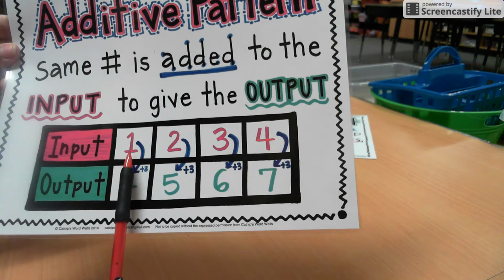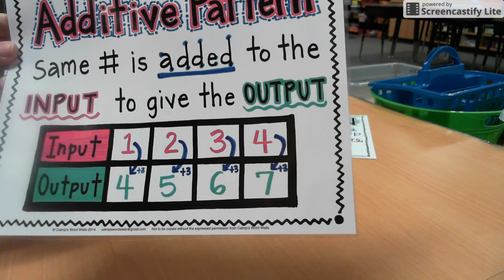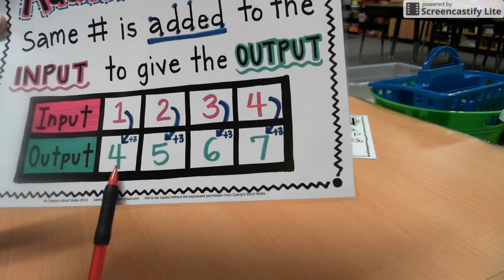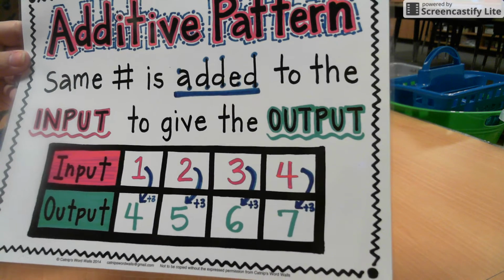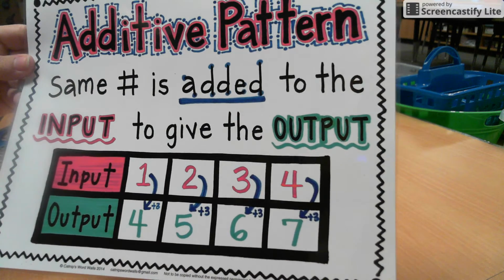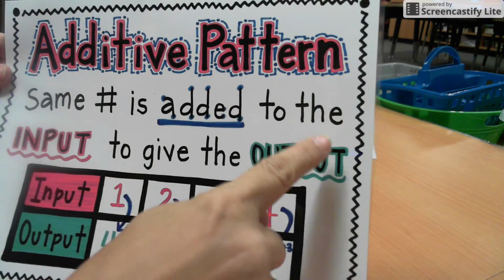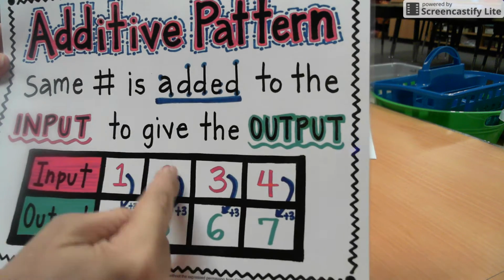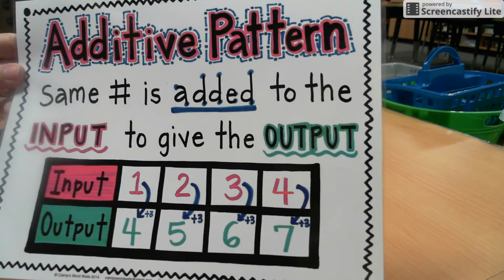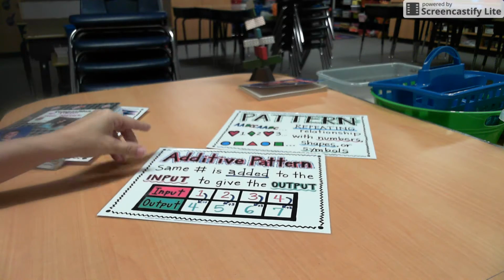Now another pattern I see is when this input, 1, 2, 3, 4, is in order, then I notice my output, 4, 5, 6, 7, has a little pattern also. So when I'm adding with a pattern, I'll have the same number added to the input to give the output. So add 3, add 3, add 3, add 3. That's my pattern. That's what I'm doing.